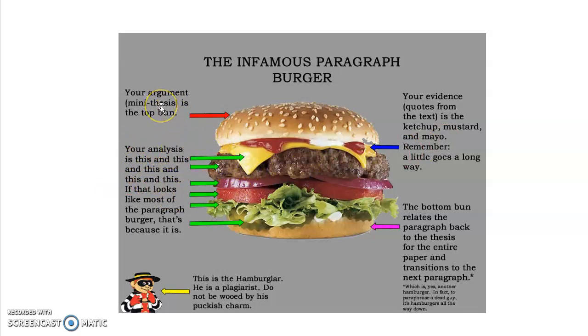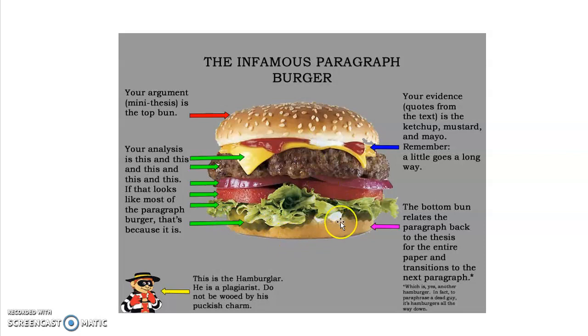If the topic sentence directs the reader to understanding how the material relates to the thesis, then the middle of the burger is you walking the reader through that analysis. So if the topic sentence is something about how Arnold Friend is a devil figure, then all the stuff in the middle will be proving that he is that sort of figure.